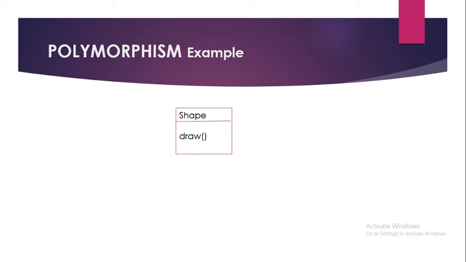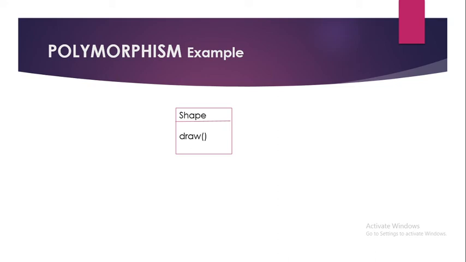Shape can be of any type: a circle, a rectangle, a triangle, whatever it is. To draw a shape, I definitely have to apply specific code for that. In general, shape does not have any meaning, so here only the draw method, the draw function, is declared.